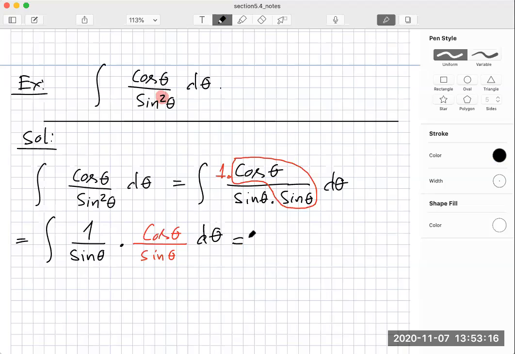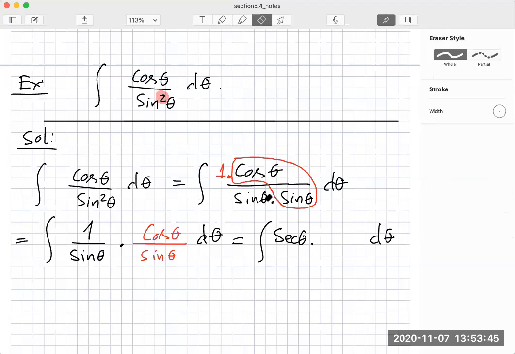So the logic here is we're trying to make it more familiar for us so that we can do something, right? What is 1 over sine theta? Cosecant. 1 over cosine is secant, yeah.